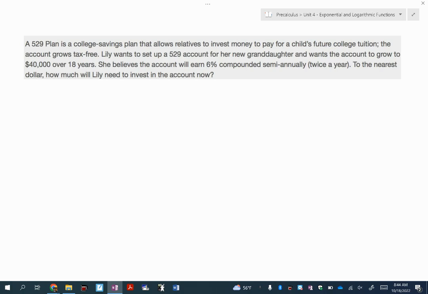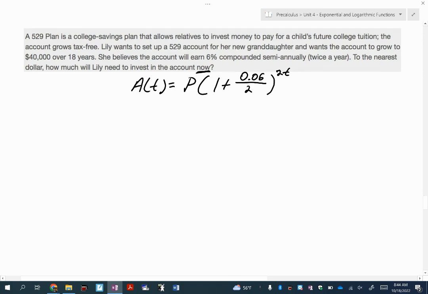So in this case, Lily wants to open up a 529. Let's write down the stuff we know. We're actually solving for our initial value. She wants to know how much she needs to invest now. So this is the starting value we don't know, times 1 plus our rate, which is 6%, so 0.06, compounded semi-annually, so that's twice a year, raised to n times t, so 2 times t.